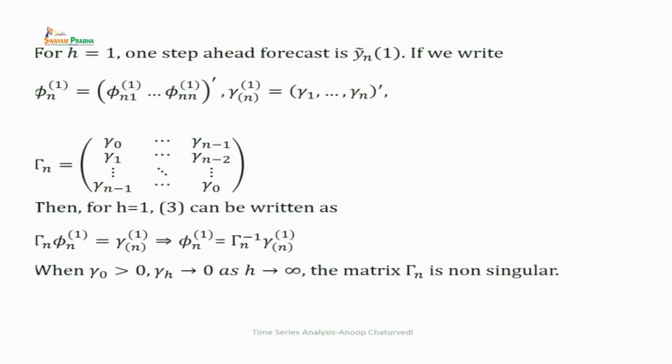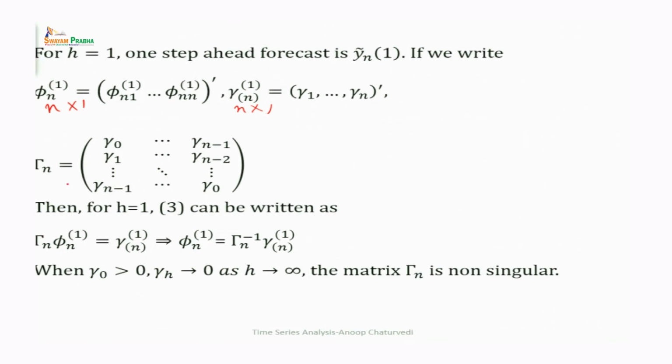Then we define this vector phi n 1 as (phi n 1 1, and so on, phi n n 1) transpose. So, this is n cross 1 vector, and we define this vector gamma n 1 as (gamma 1, gamma 2, up to gamma n). So, this is the vector of these autocovariances. This is also n cross 1 vector.